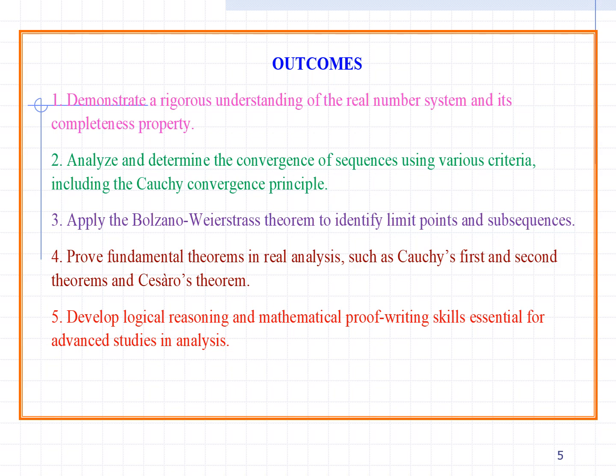Apply the Bolzano-Weierstrass theorem to identify limit points and subsequences. Prove fundamental theorems in real analysis such as Cauchy's first and second theorems and Cesàro's theorem. Develop logical reasoning and mathematical proof writing skills essential for advanced studies in analysis.